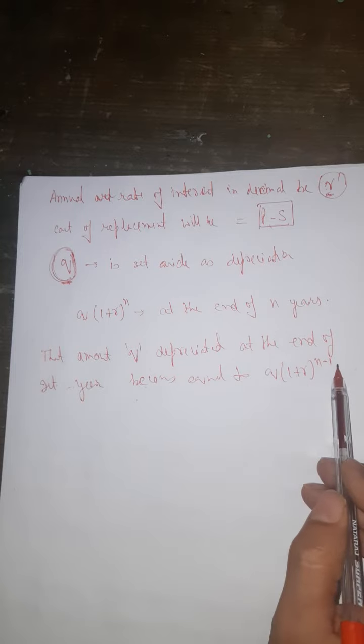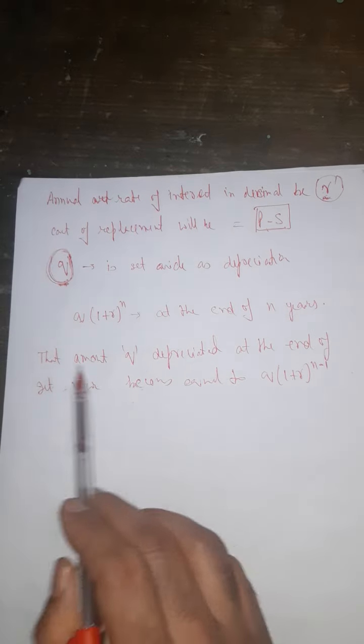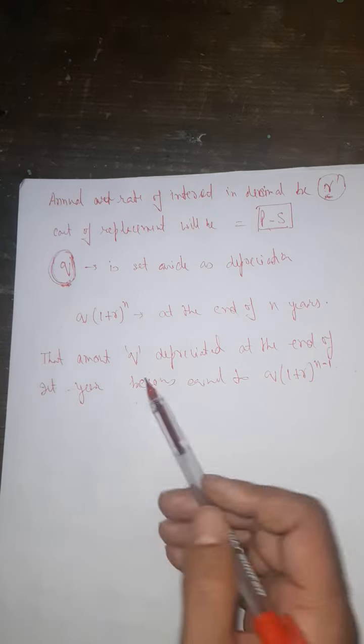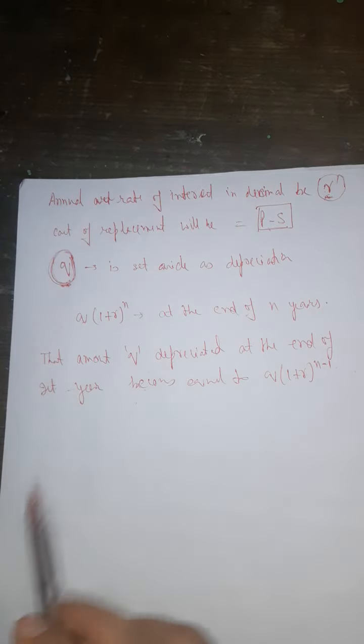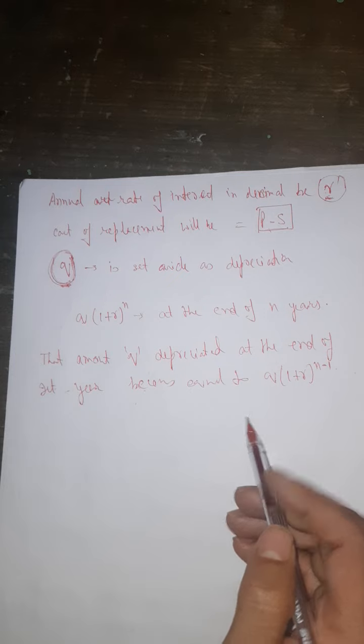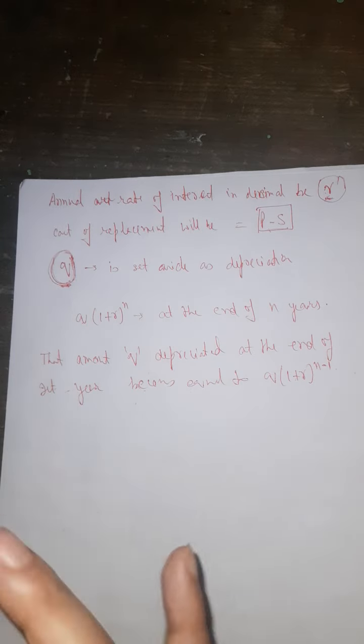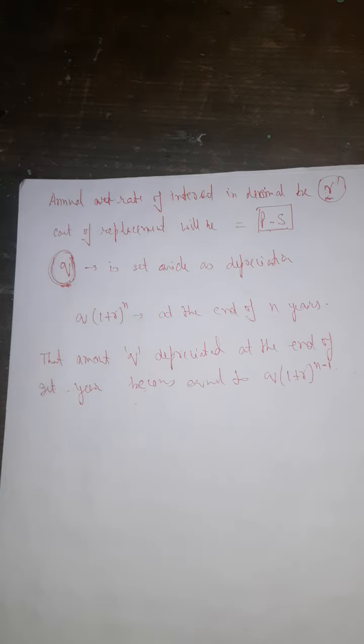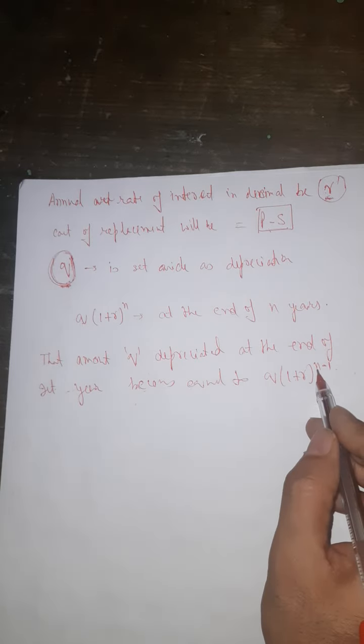Are you getting it? This is because the amount Q which I am keeping aside as depreciation, I am putting into the bank at the end of the first year. So if the total life of the equipment is n years, deduct 1 year from that life. How many years will be remaining? n minus 1 years.